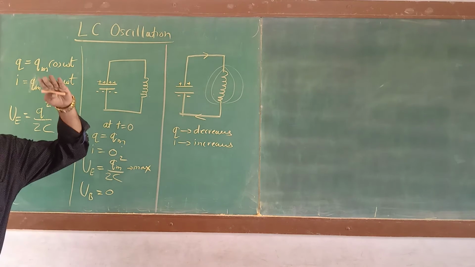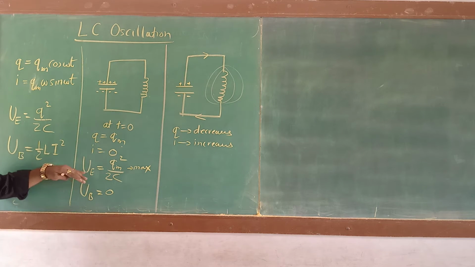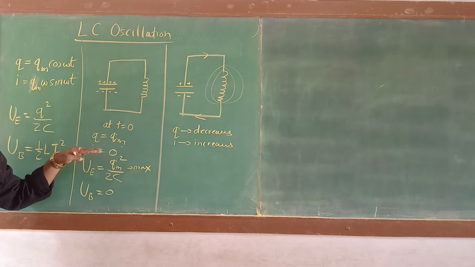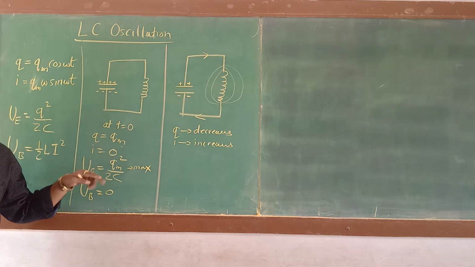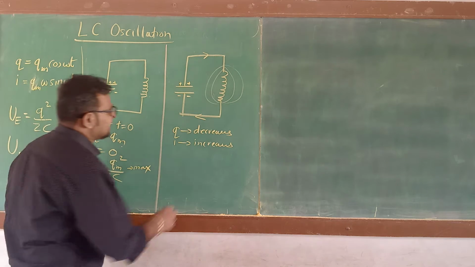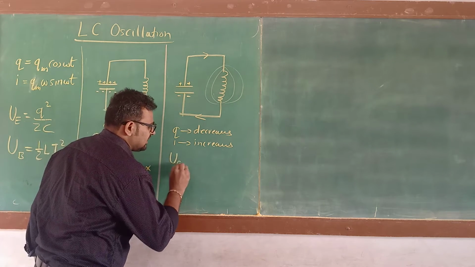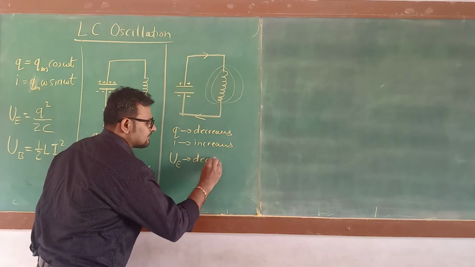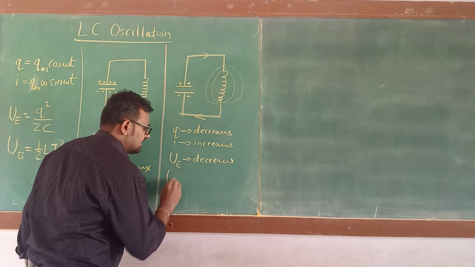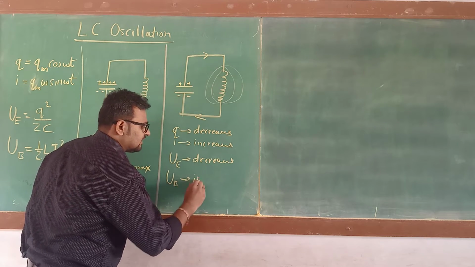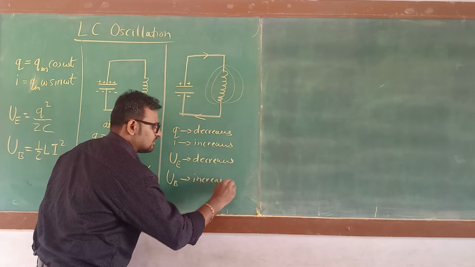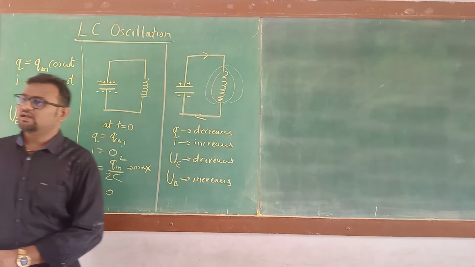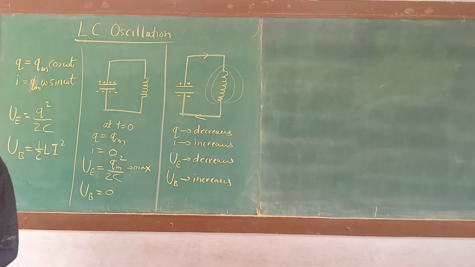Now as the charge is decreasing, the energy stored in the form of electric field decreases, because the value of Q decreases. So I can write it down, UE decreases, and in terms of magnetic field, it increases. Right? So, law of conservation of energy.